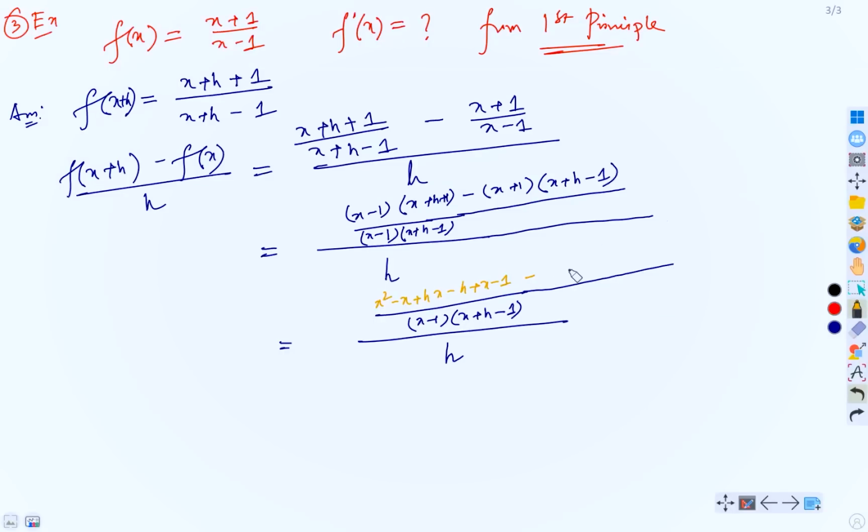Minus, and in this case, what we will have? We have x square plus hx minus x plus h minus 1.